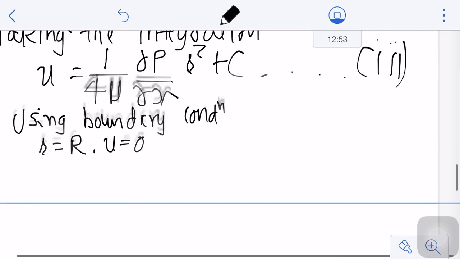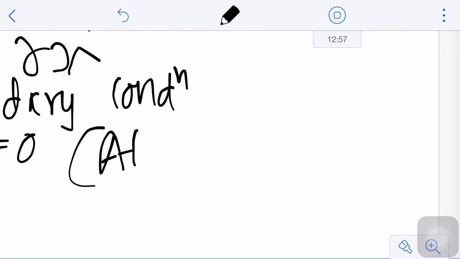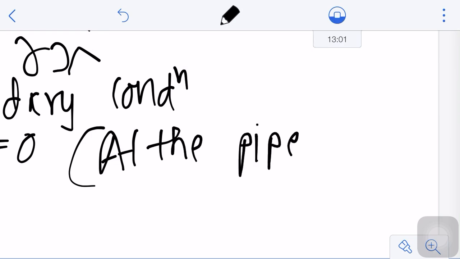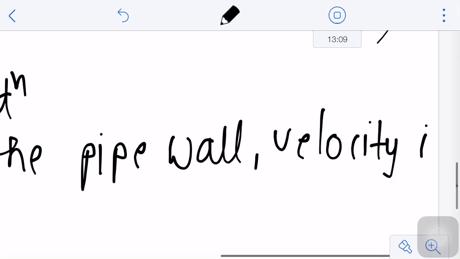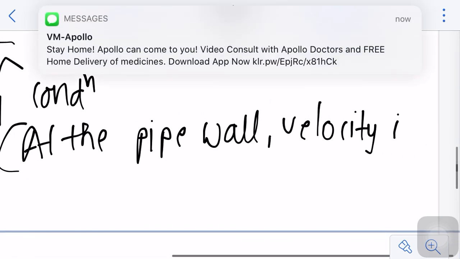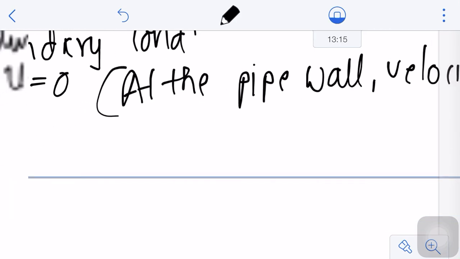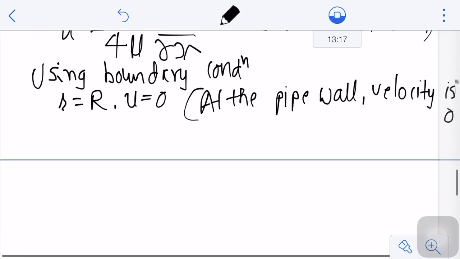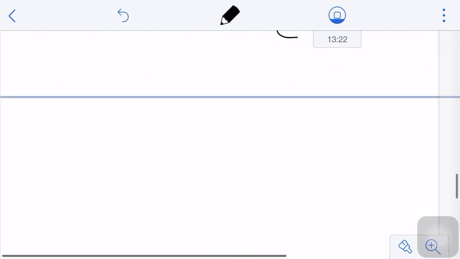Why is it so? Because at the pipe wall, velocity is 0, and if you put this condition into the equation, we can get the value of the integration constant.